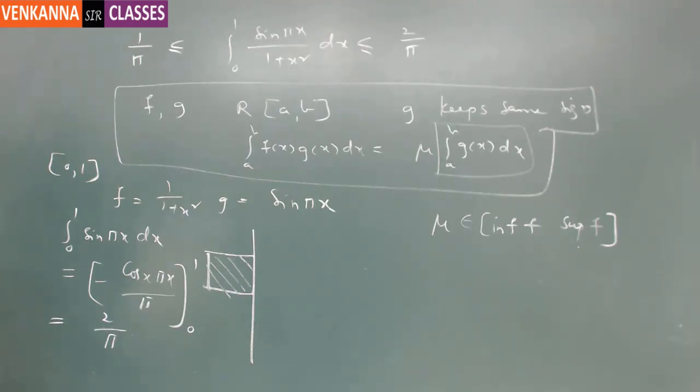Right. Now, you have mu left there. What is mu? Mu is a real number lying between the infimum and supremum. For the function f, 1 by 1 plus x square, since it is a decreasing function on the interval 0, 1, the first point gives the supremum and the last gives the infimum.